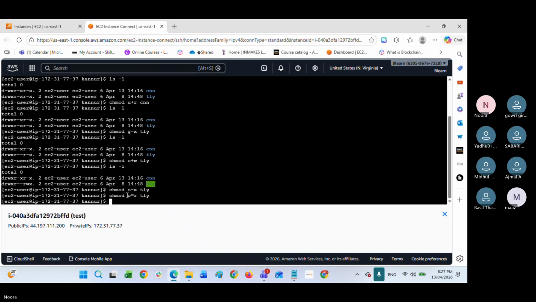Others. What is equal? Equal means what operation? Assign. R for read, correct? So I'm mentioning chmod o equal r for TLY. But can you analyze what the permission for TLY was before I ran this command?